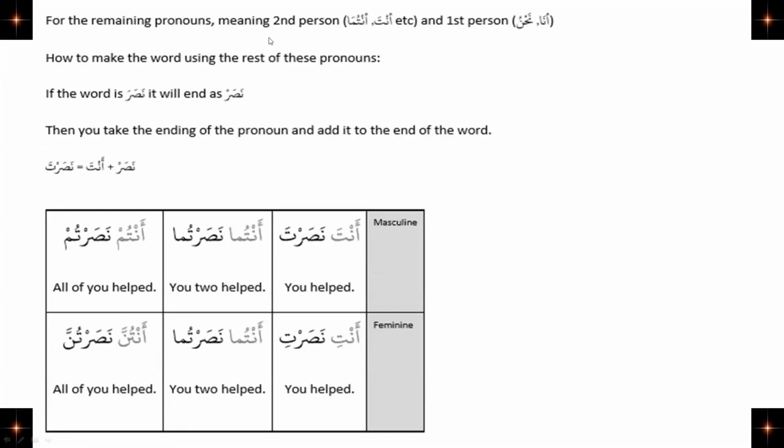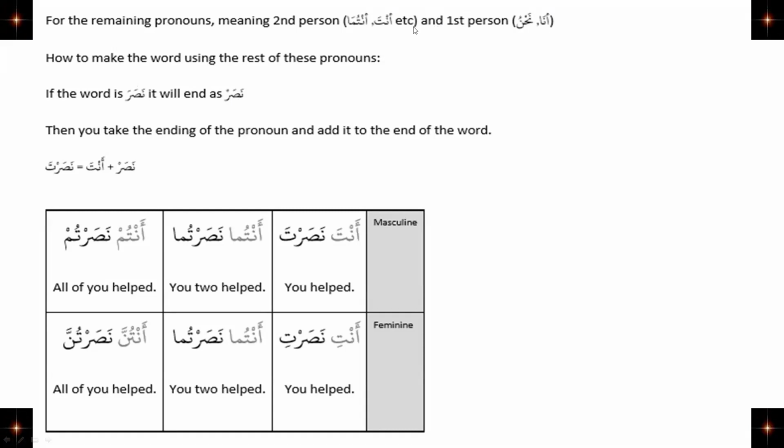For the remaining pronouns, meaning the second person, anta and antuma, for instance, and the first person, ana and nahnu, how to make the word using the rest of the pronouns is very key. Now note, if the word is nasara, it will end as nasar for anta, antuma, antum, antunna, and ana, nahnu.